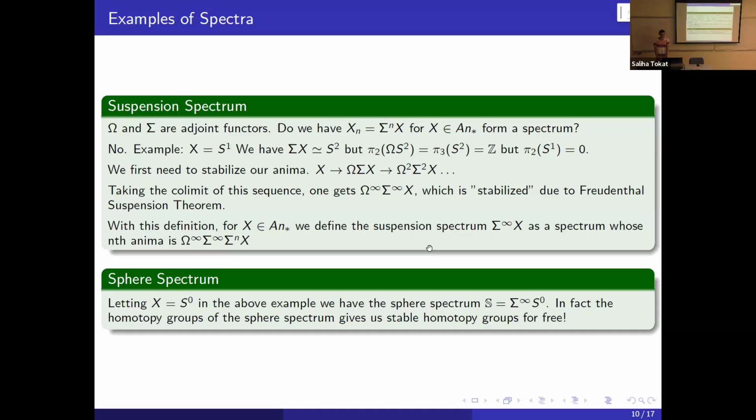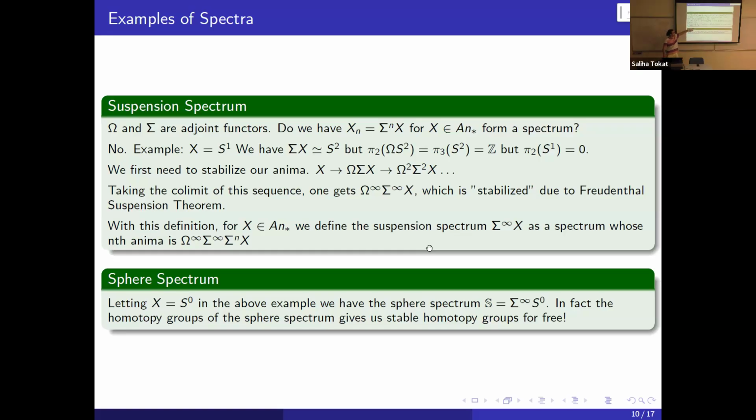So before doing everything, we need to first stabilize our anima. And for this, we just take the colimit of the above sequence given by the loop space suspension of X, loop space squared suspension squared of X, and so on. And this eventually stabilizes our X. And this is because of the Freudenthal suspension theorem in algebraic topology. And now, with this definition, if you just start with an ordinary pointed anima X, we define the suspension spectrum like this.